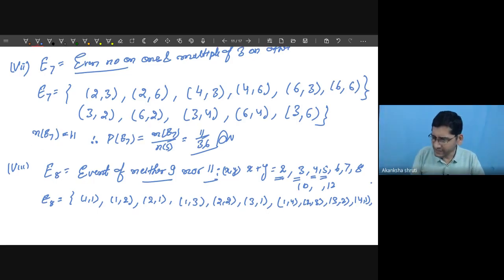Let us write for the 6: 1 and 5, 2 and 4, then 3 and... 5 we need? No, 6 we need, student. So it can be 3 and 3 also. Then 4 and 2, then 5 and 1.